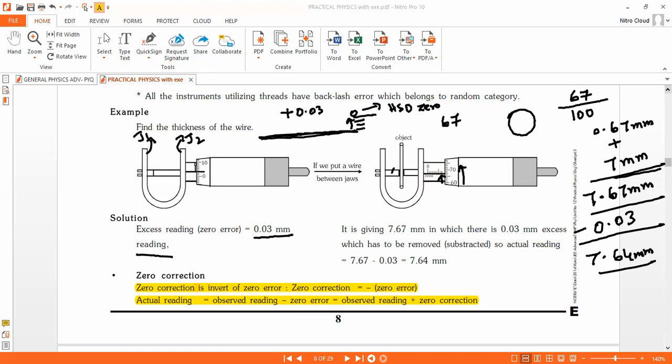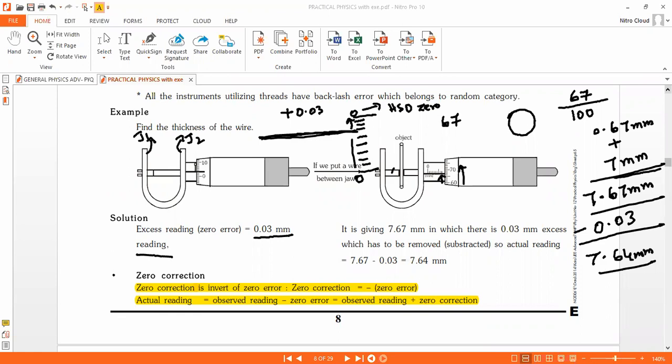Suppose it is below, say 5 divisions below, then it is minus 0.05. If the head scale zero is above the pitch scale horizontal line, it will be positive.